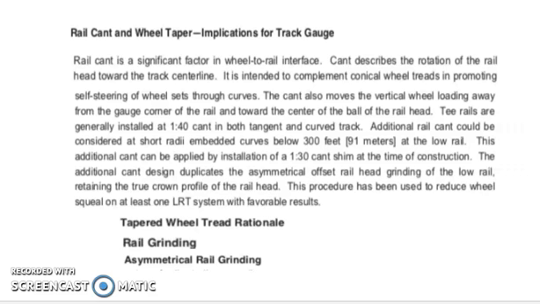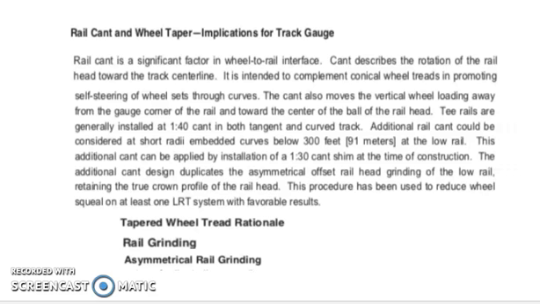So we have to take note that rail cant is a significant factor. It is an important factor in the wheel-to-rail interface, which means that the wheel is in contact with the rail. When we talk about rail, if you observe the track system on our MRT or LRT, there is a parallel steel bar, or it can be wooden or concrete. That parallel component of the track system is what we call the rail.